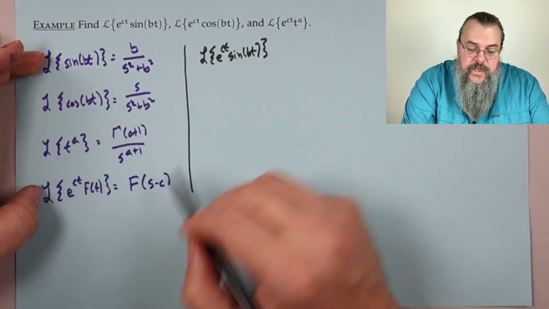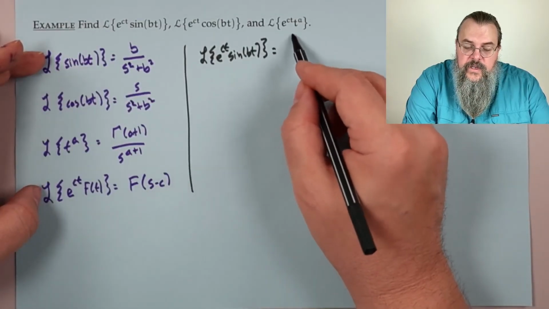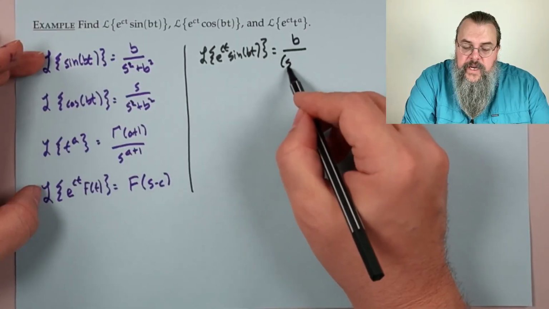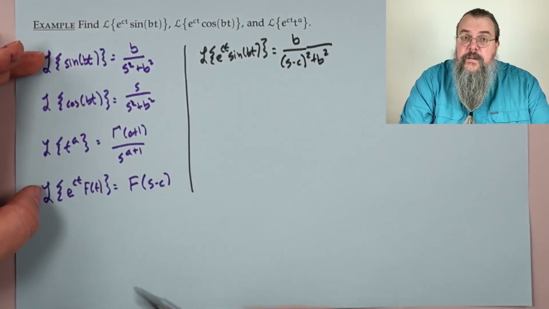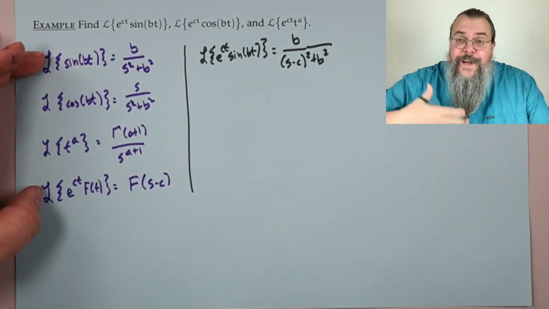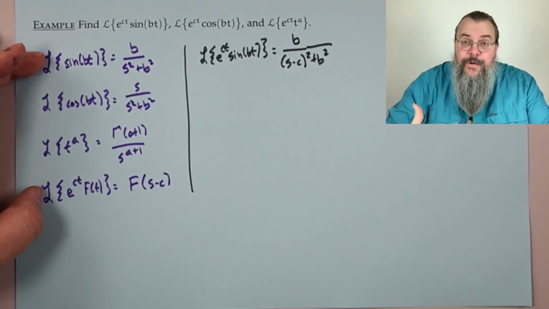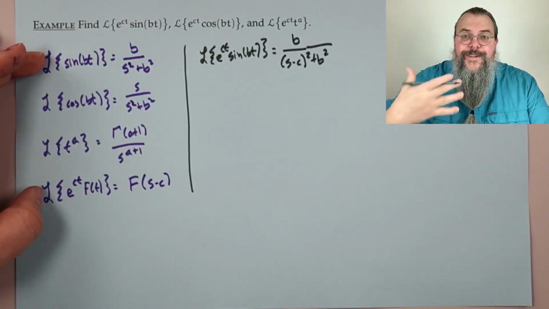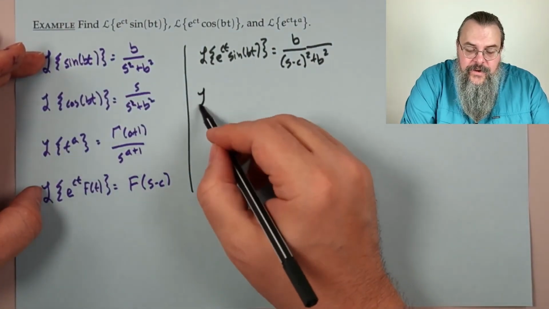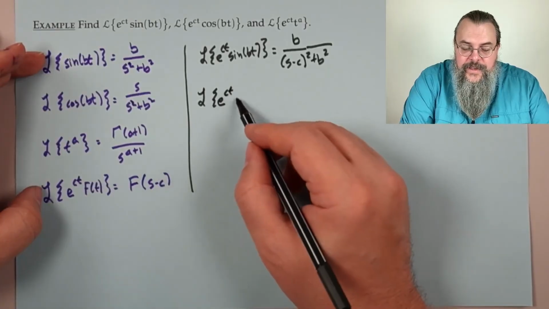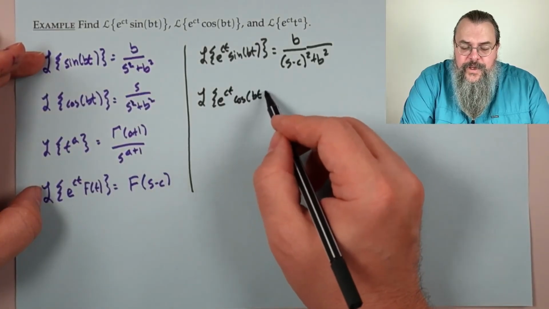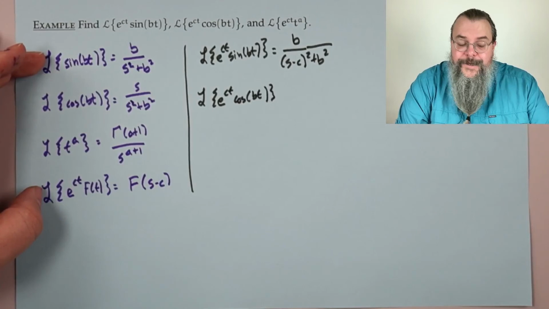So everywhere you see an s, you put s minus c. All right, great, done. See, we're not rederiving things. This is all table work at this point. Use the table. And so we have a surprising amount of our table already done. So there's still some more things, but a lot of the hard ones are done.